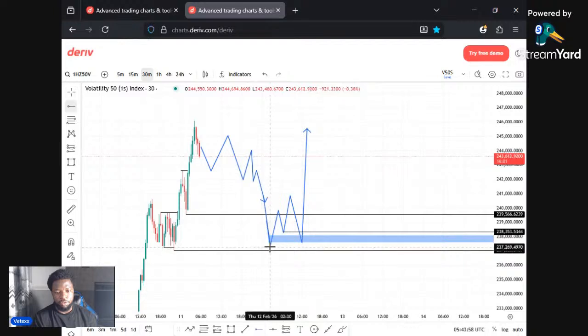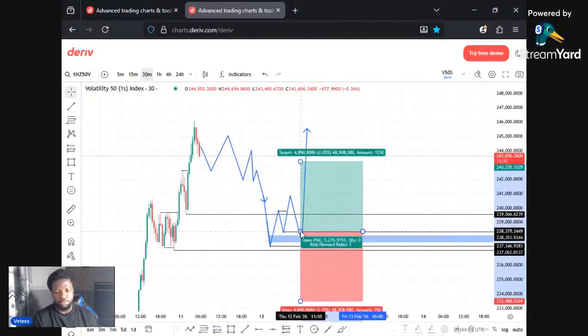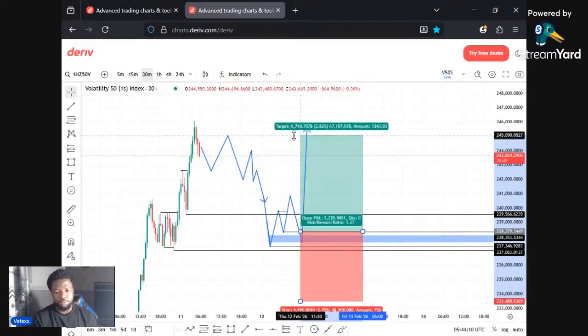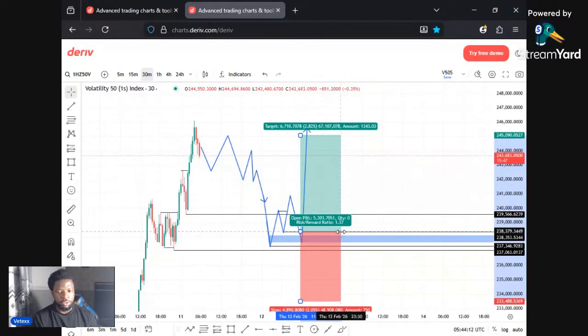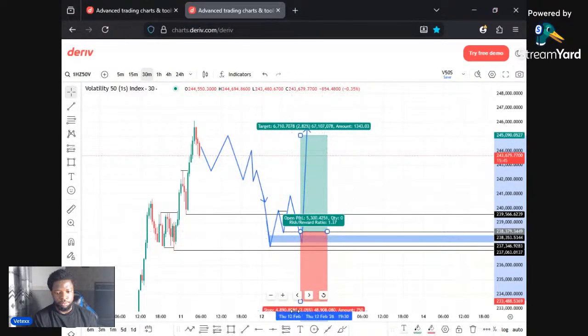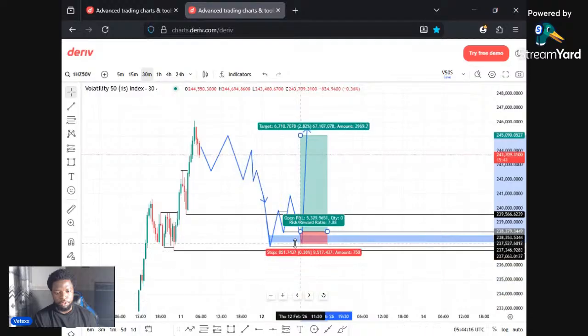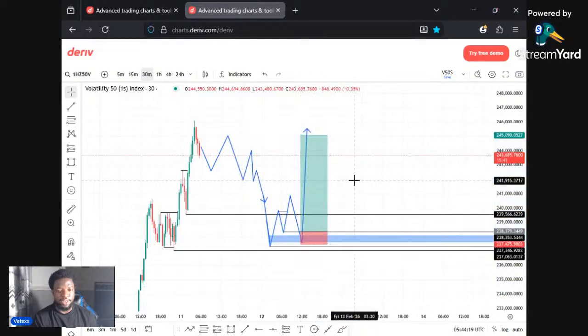This becomes our new low, becomes what? Break of structure. And then this is where we buy from, to the opposite direction.